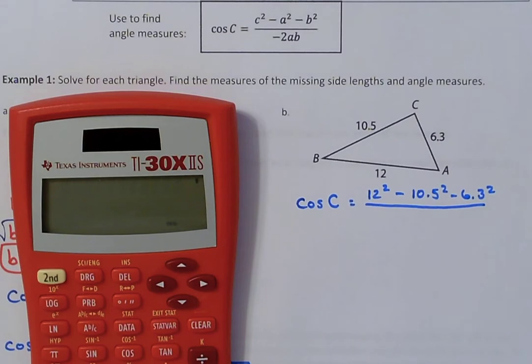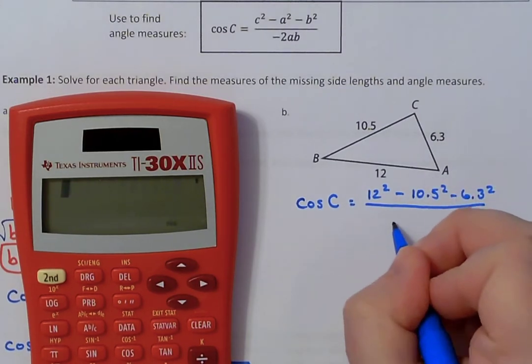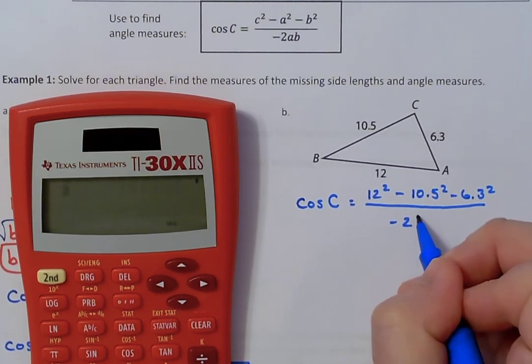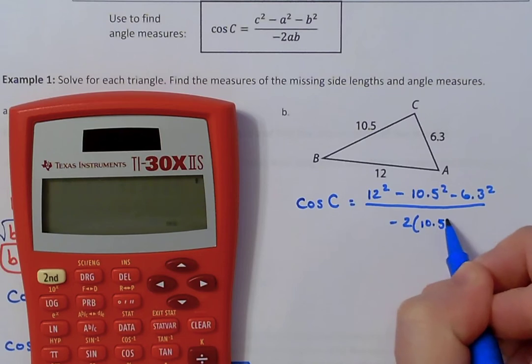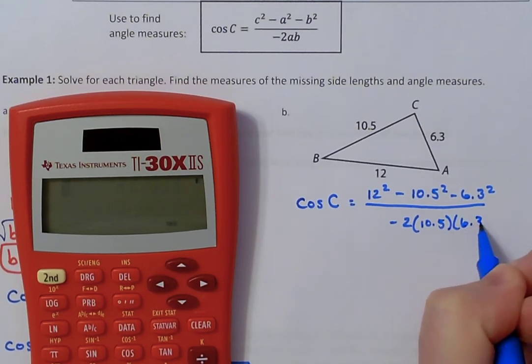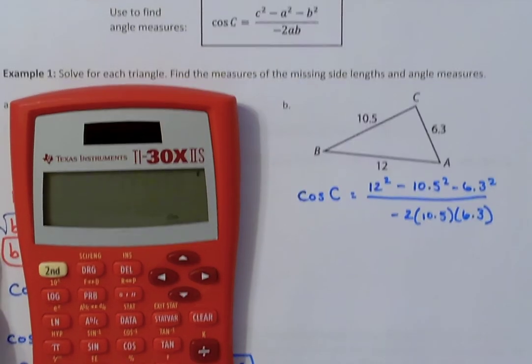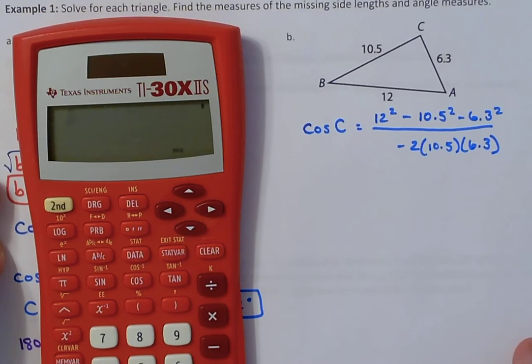So now that I have my top part set up, the bottom part is just negative 2 times AB, which is going to be 10.5 and 6.3.